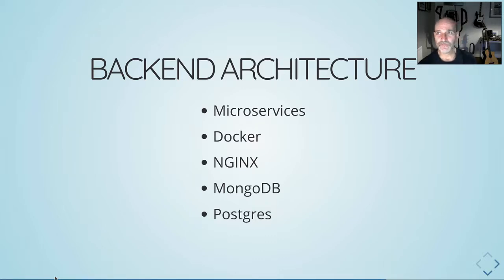They are fronted by Nginx. All the microservices are backed by MongoDB, so that is our main database. We also have some stuff in Postgres. I would actually prefer to cut everything over to Postgres in the future, but at the moment it's still mostly on Mongo. I'm a big Postgres fan, by the way.